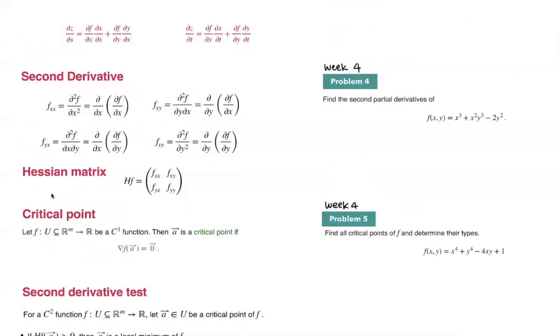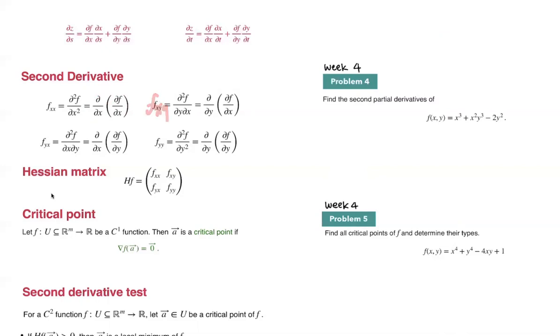And second derivative, yes. Here, there are many notations. Well, you can see that fxx is taking the partial derivative with respect to x a second time. So first we take a derivative with respect to x, and then we take a partial derivative one more time.